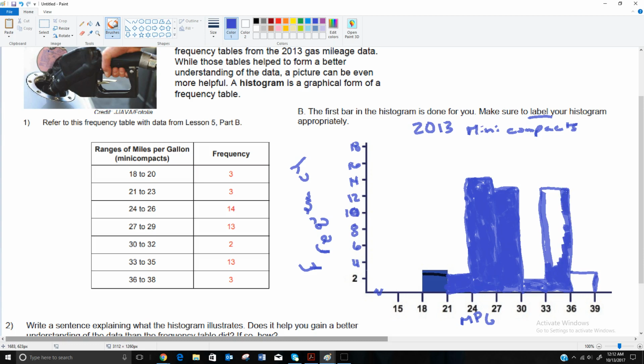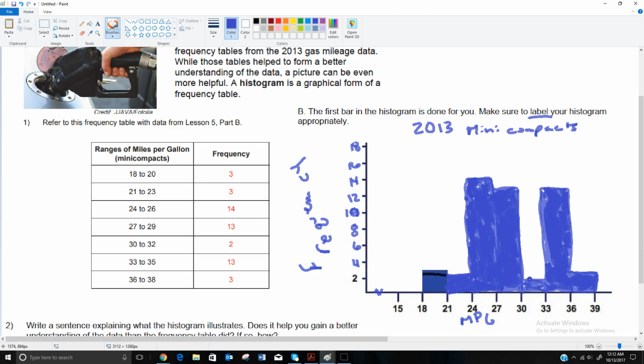Okay, so now if we look at this histogram, we have a good pictorial representation of how the data looks. So we have 2013 mini compacts. We have the miles per gallon. We have the frequency, and we can see that it's real low here.